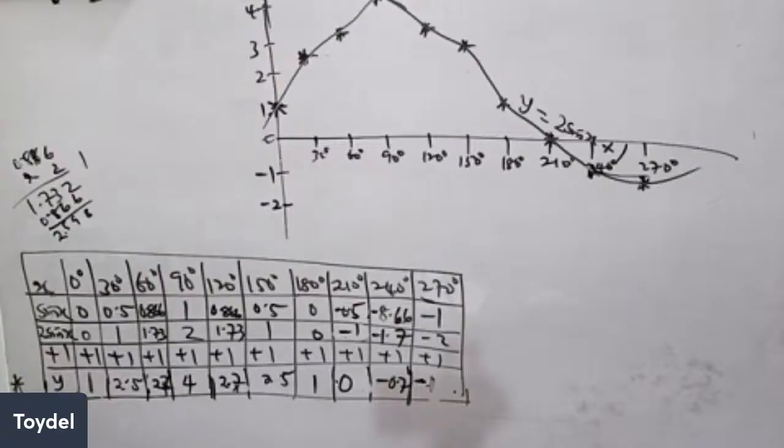So the next question we are supposed to do is to use the graph to find the value of x for which sine x is equal to 1/4.